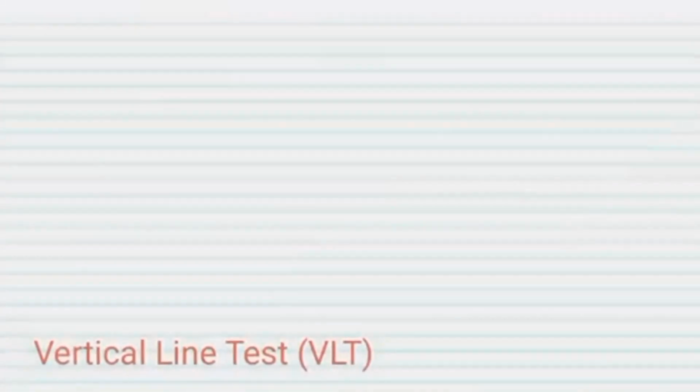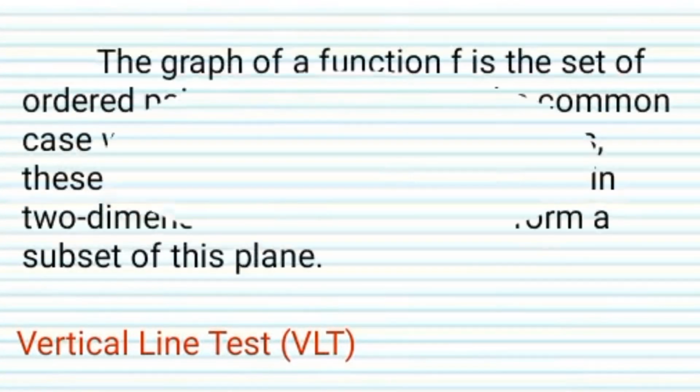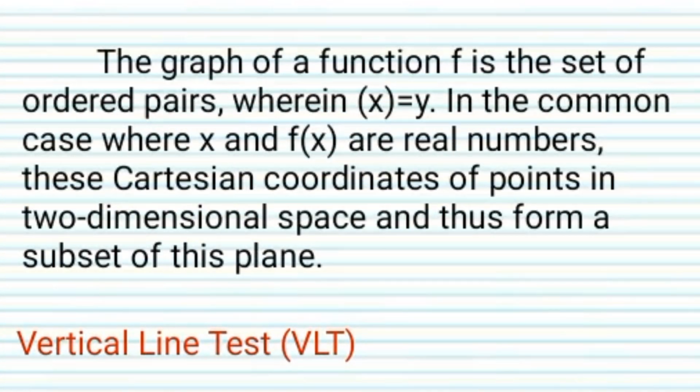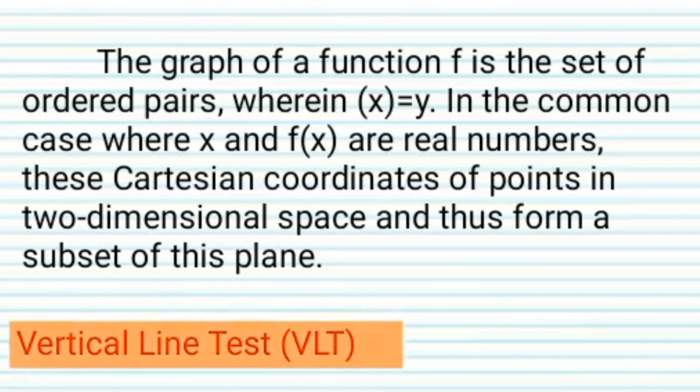The graph of a function f is the set of ordered pairs wherein y equals f of x. In the common case where x and f of x are real numbers, these are Cartesian coordinates of points in two-dimensional space and thus form a subset of this plane. In determining a function by graph, we use the vertical line test across the Cartesian plane.